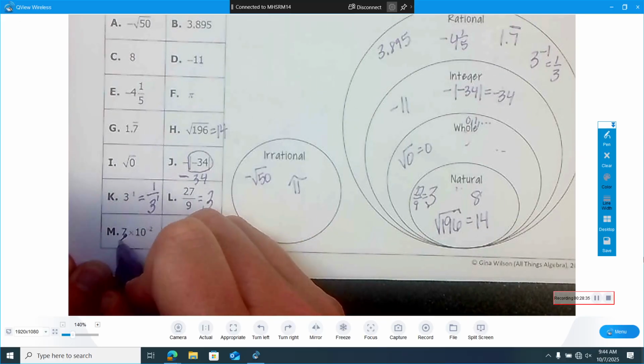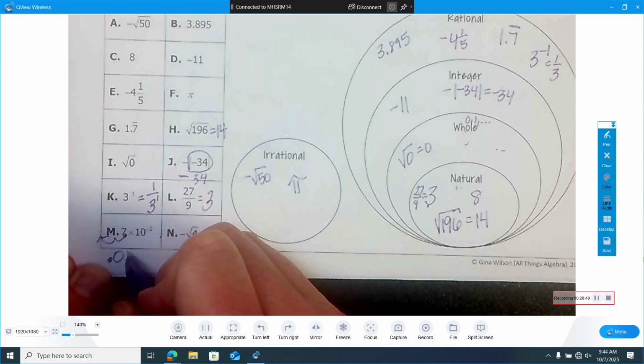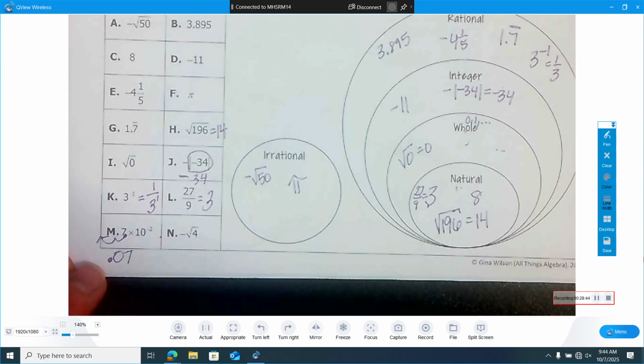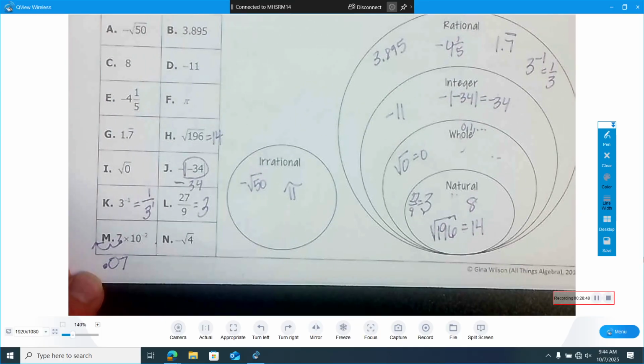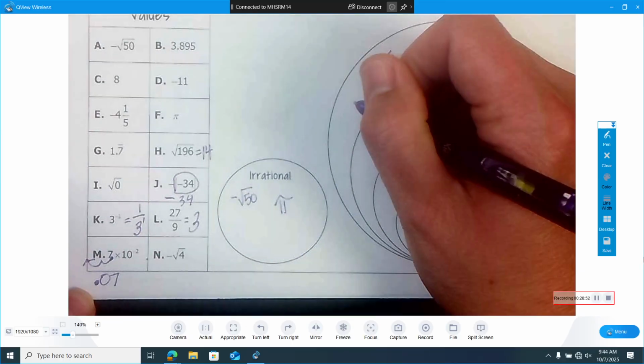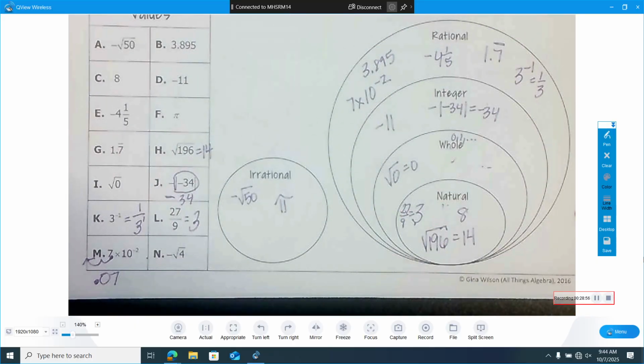It says move us left 2 spaces, so we get 0.07. Is that an okay decimal or a crazy decimal? It's okay. So 7 times 10 to the negative 2 is a rational fractional number.